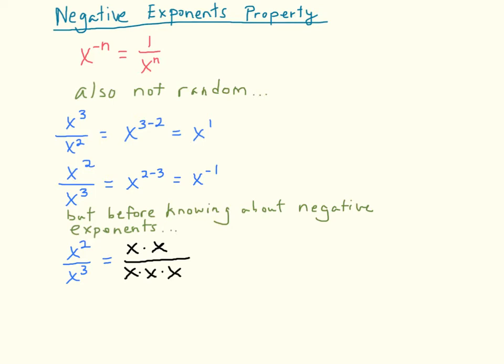So when you cancel, that x and that x cancel, and that x and that x cancel, so this equals 1 over x. So x to the negative first power equals 1 over x to the first power, which is just 1 over x.